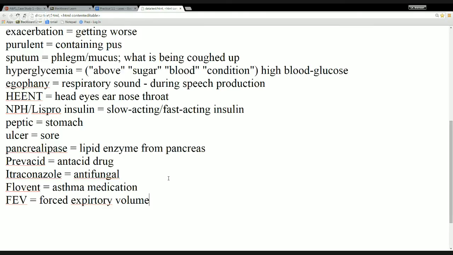In this test, there usually is a subscript after this, like FEV1 or FEV50 or something like that. The 1 would refer to 1 second. The 50 would refer to 50%. And so the value that you'd see for this is how much air you exhale, forcing it out of your lungs, either over the first second of emptying your lungs, or how long it takes you to exhale 50% of your lung capacity.